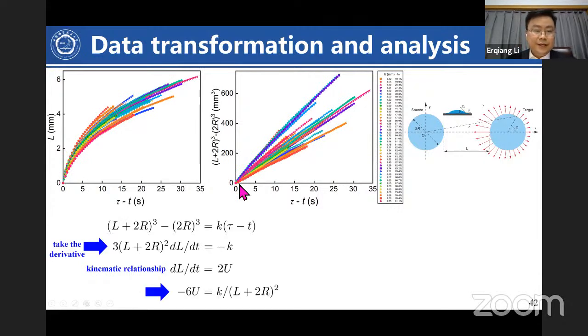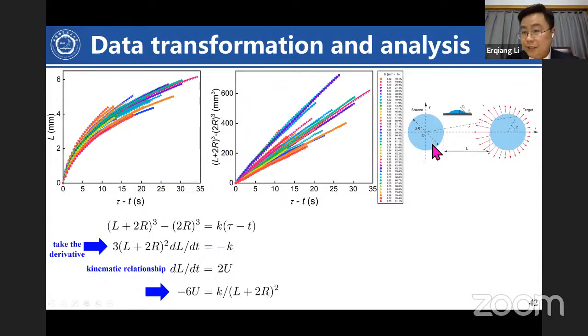Okay, then if we write these lines, it's a linear relationship between this guy and the right term. Of course there's a coefficient or prefactor k. If we take a derivative for this form, we'll get this guy, right? Derivative for t is very easy for this one. And we have the kinematic relationship.